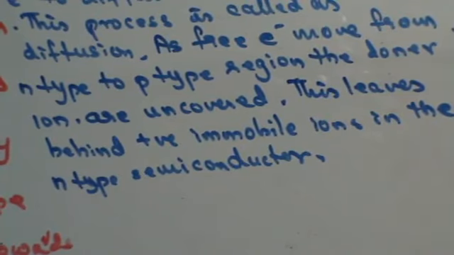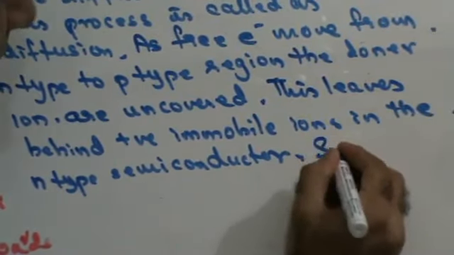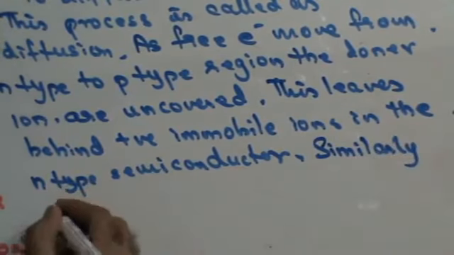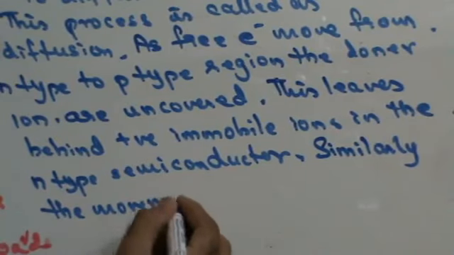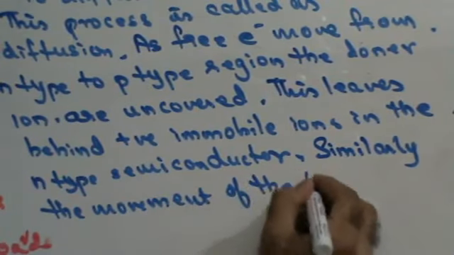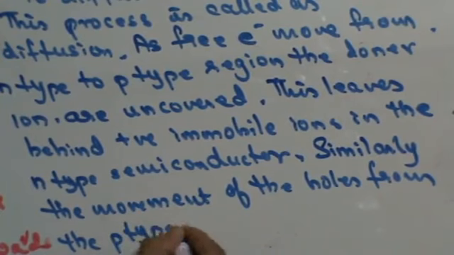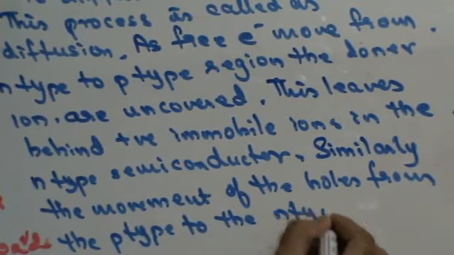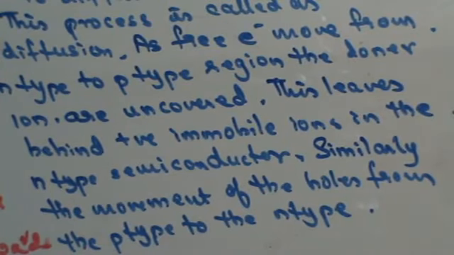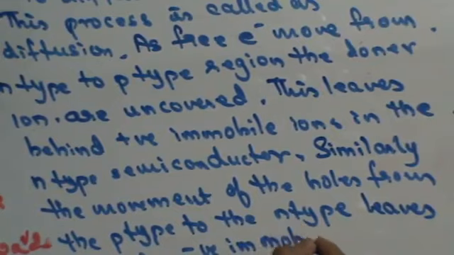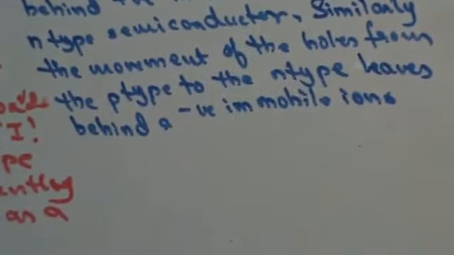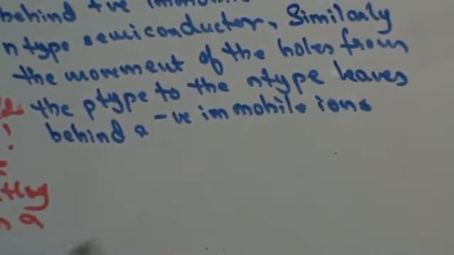Similarly, the movement of the holes from the P type to the N type leaves behind negative immobile ions on the P side.